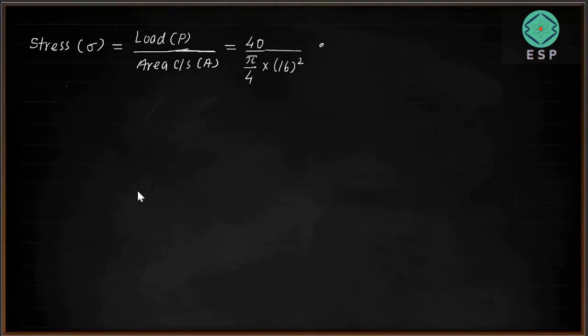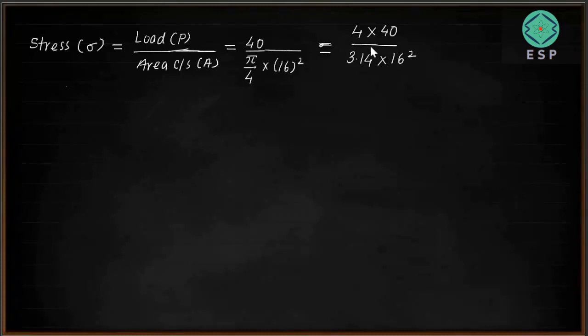So stress is given by load divided by area of cross section. Load is 40 kilonewton and this is pi by 4 into d, where d is 16. So pi by 4 into 16 square. If you simplify this, the 4 will go up, 4 times 40. The value of pi you can use as 3.14, and then into 16 square.